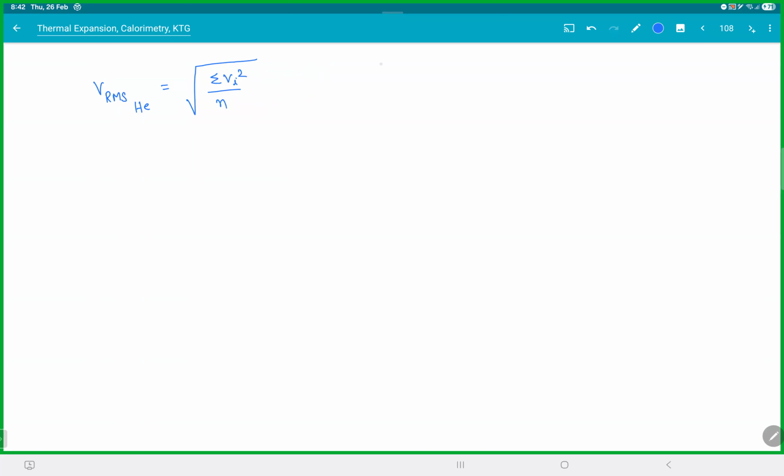Agreed? And this value is what we are writing as root over 3RT by molecular weight. So we will keep that for later. Similarly, when you take V RMS of hydrogen, this is also root over sigma Vj square by, let's say, m, because you can have a different number of molecules. This is the V RMS for each gas.